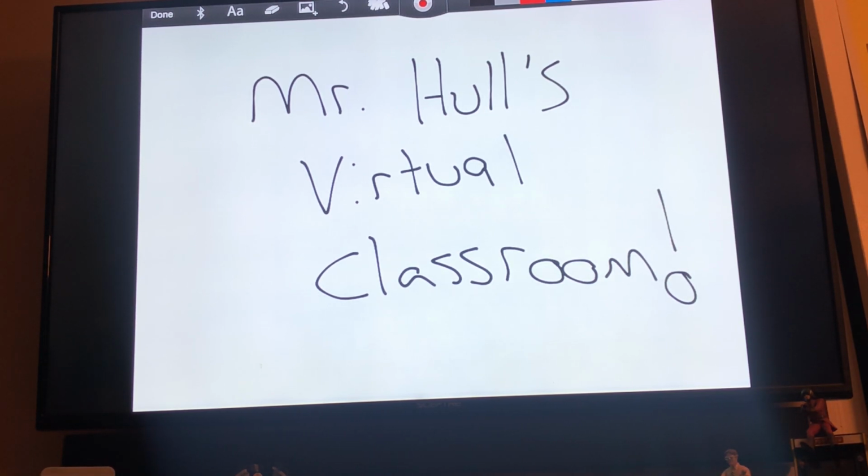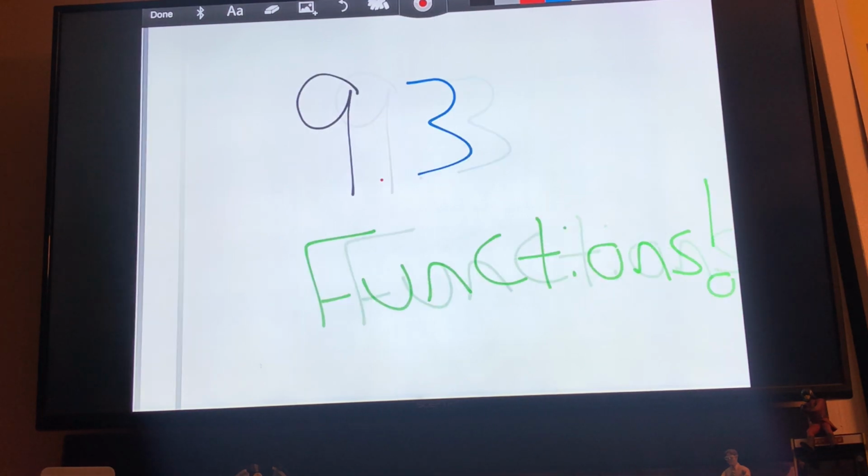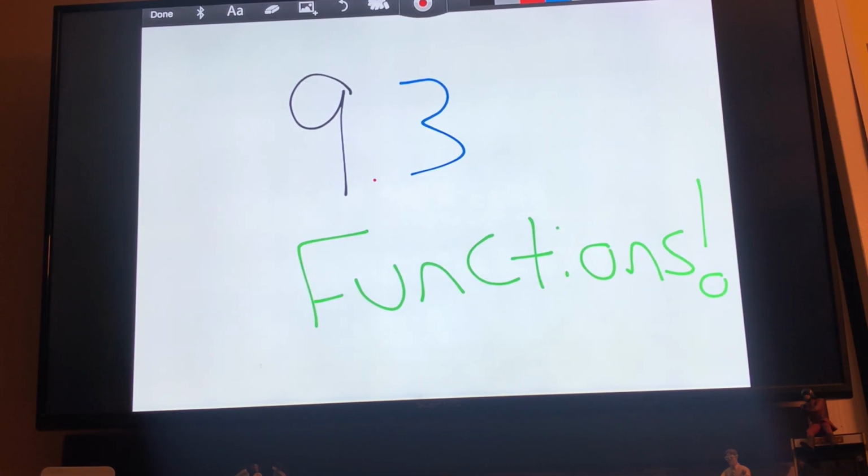All right, if you'll join me, we are going to be on page 357 for section 9.3, the functions. So we've kind of touched on both functions and relations. Previously we did relations, and now we're going to mainly talk about functions.